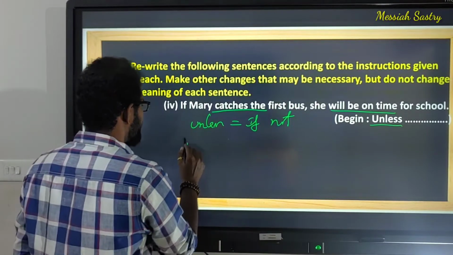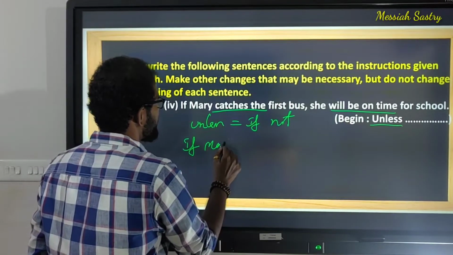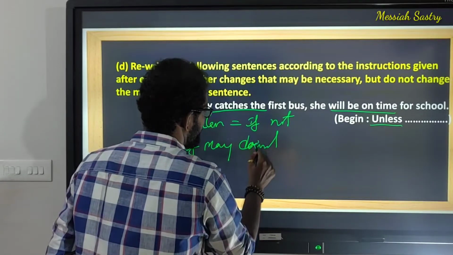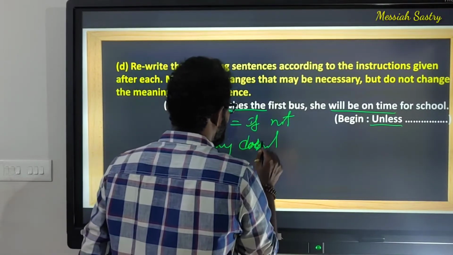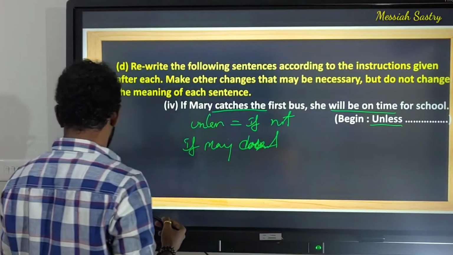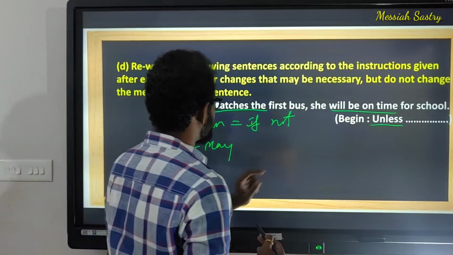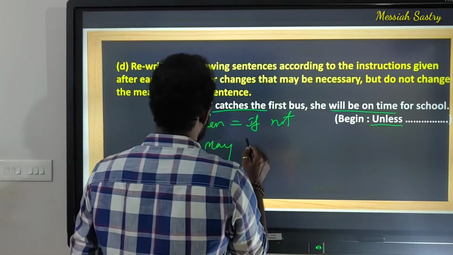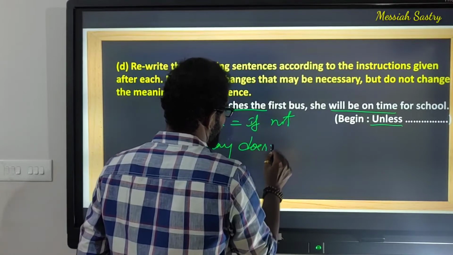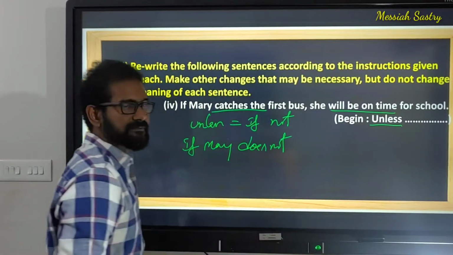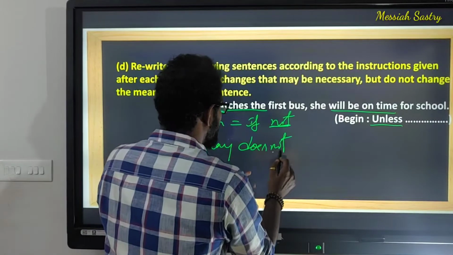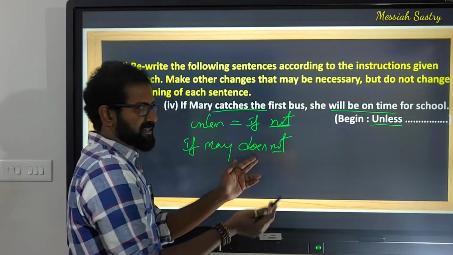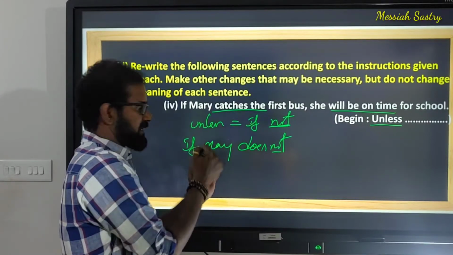So let us see. If Mary does not... Why should I use "does" here? Because it's third person singular. Mary is third person singular, so we are supposed to use "does" in present tense.